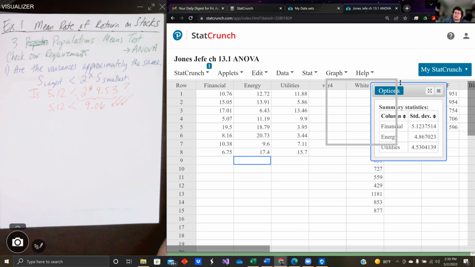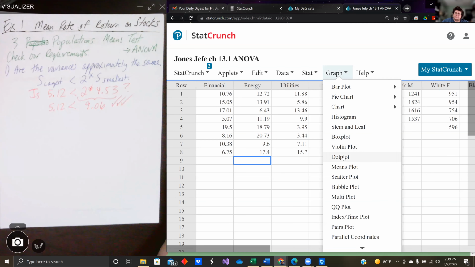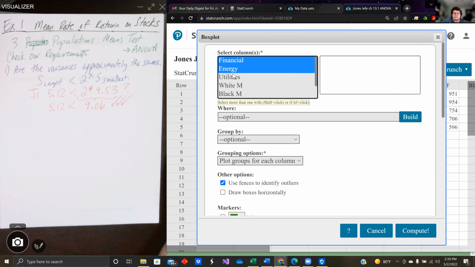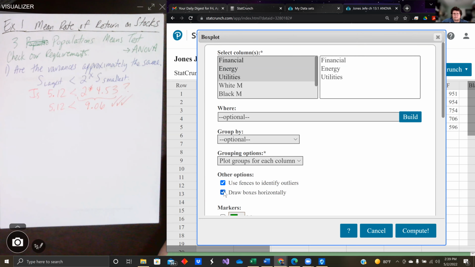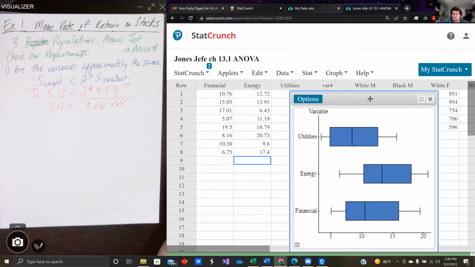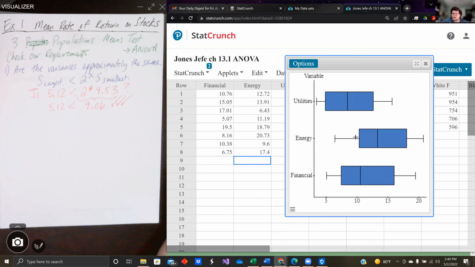Then we'll go through and check our box plots for each group. None of them show any outliers. So that's good, the box plots look good.